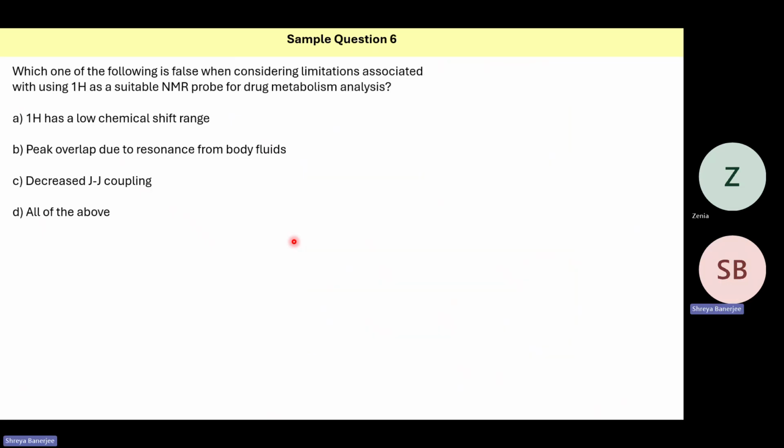Next question is asking which one of the following is false when considering limitations associated with using 1H as a suitable NMR probe for drug metabolism analysis.